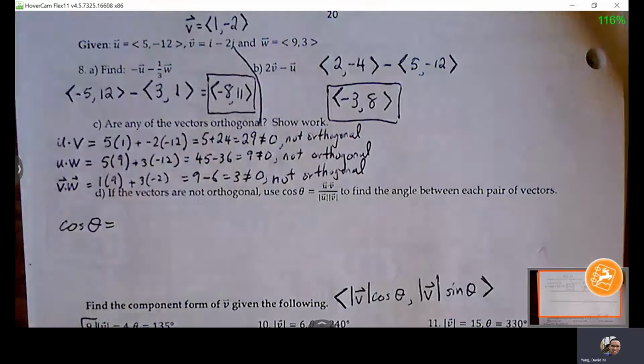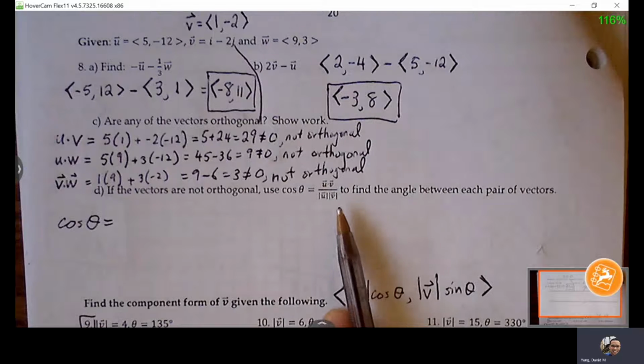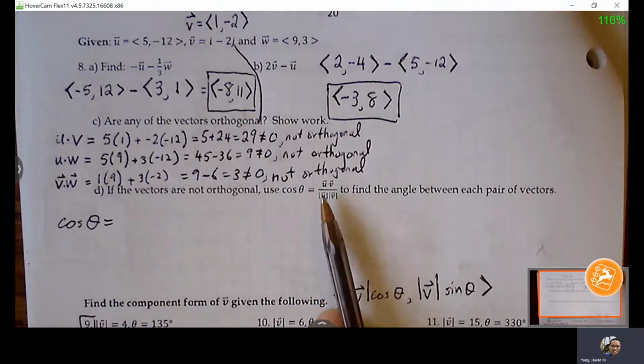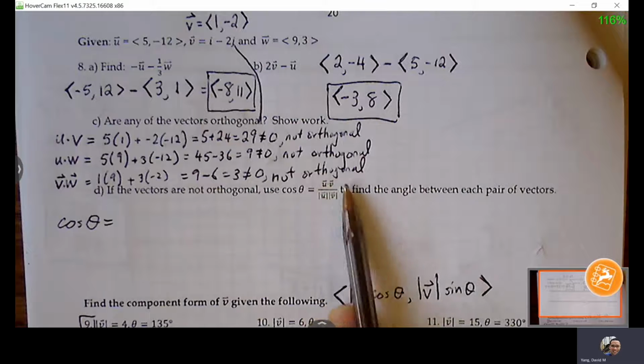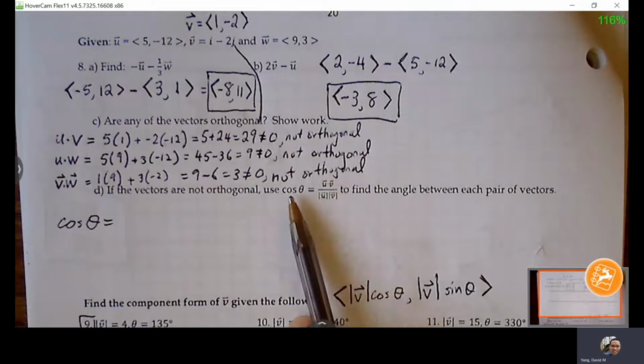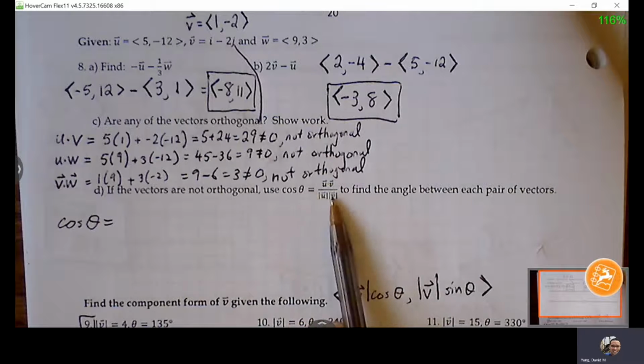So again, to find the angle, we're going to be doing a couple of operations, right? So the numerator is going to be the dot product, and the denominator, you're going to find the magnitudes separately, but then you're going to multiply the two magnitudes together. You get a fractional value and involve inverse cosine to get to that theta measure.